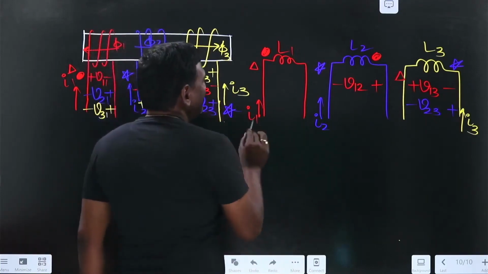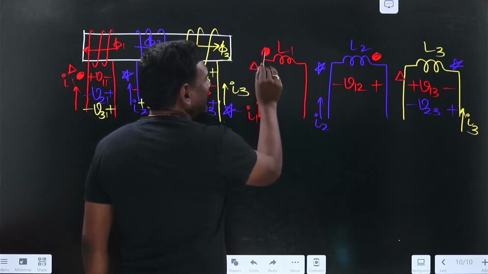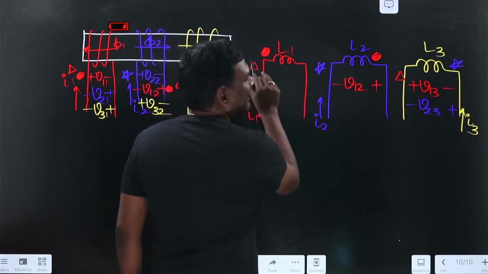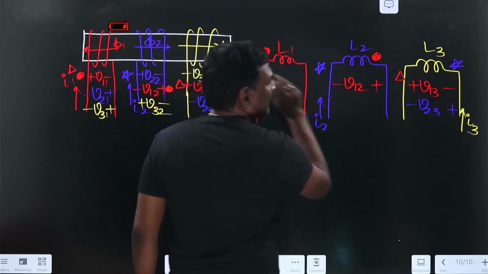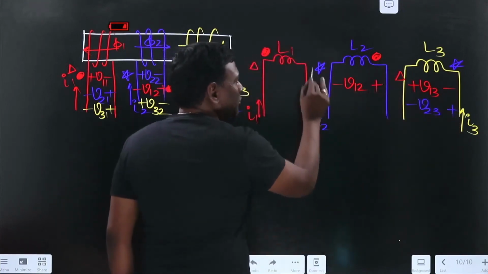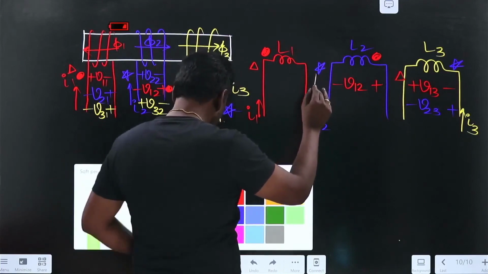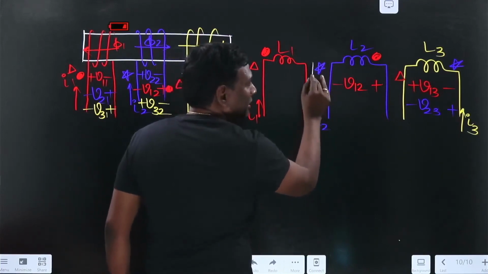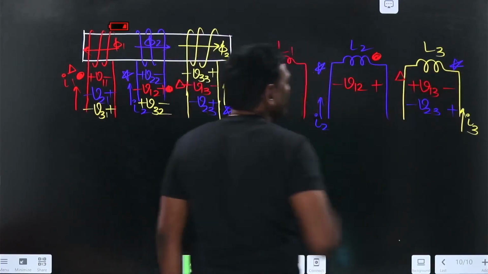Now see here, my I1 is entering into this, we kept the dot for this triangle, for this circle we kept the dot, fine. Now I2 is entering into star, so this star should be positive, problem solved.